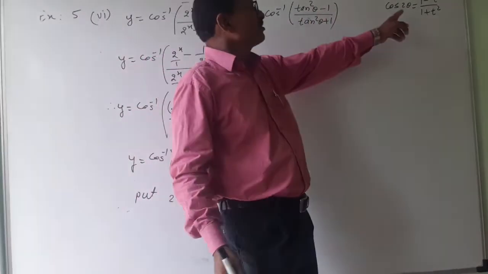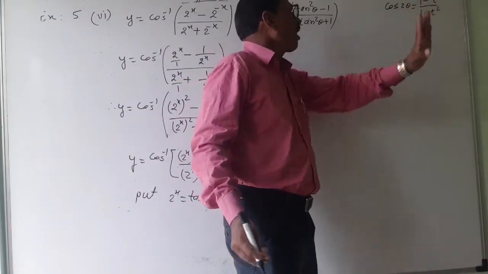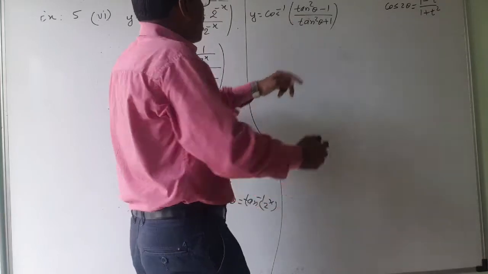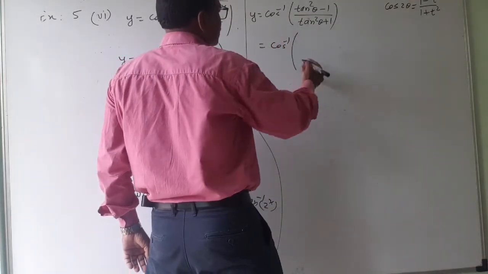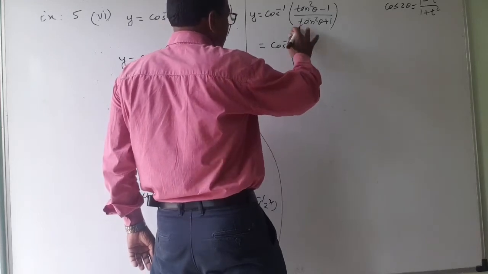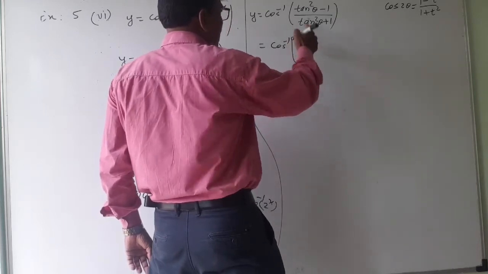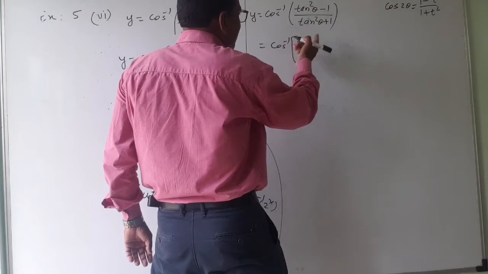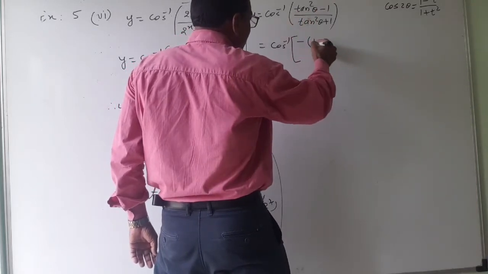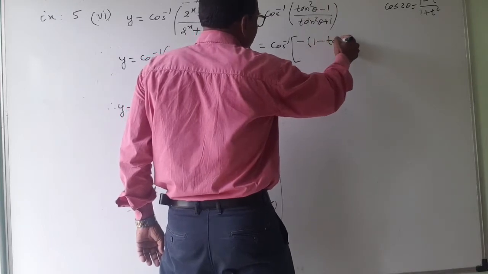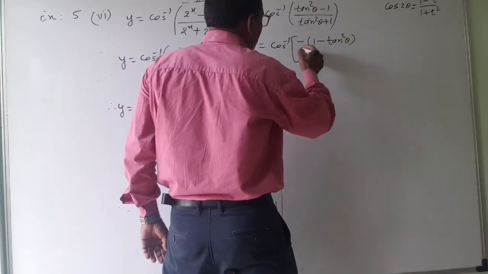But our cos 2 theta formula is just the opposite. Make this opposite. So that is equal to cos inverse of, this I am taking minus out. If I take minus out, this will become minus and this will become plus. So I will write this 1 minus tan square theta. Note this step.